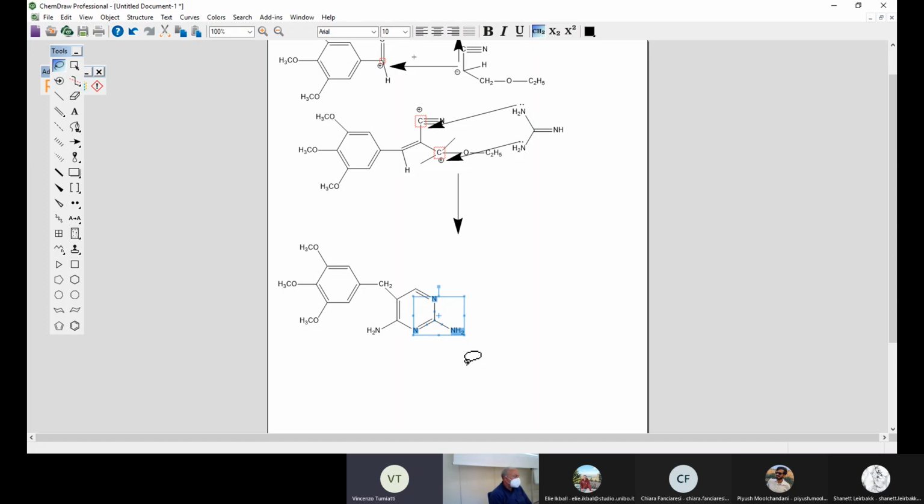The synthesis of trimethoprim is quite simple, only 2 steps, and it needs the use of a strong base, sodium methoxide, which is able to take away these acidic protons.